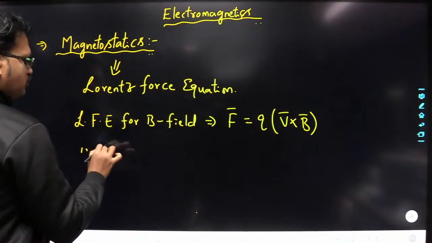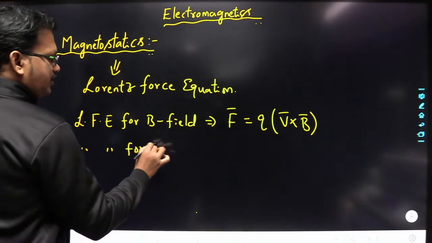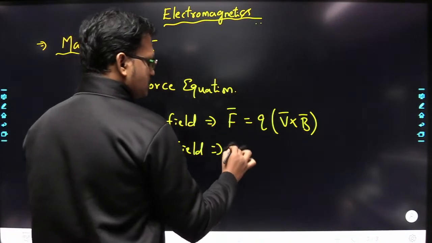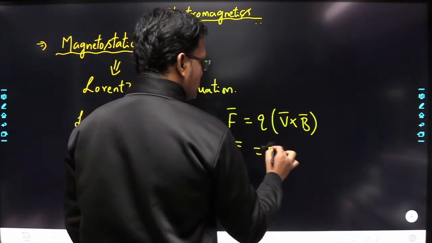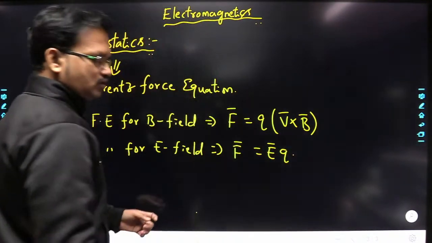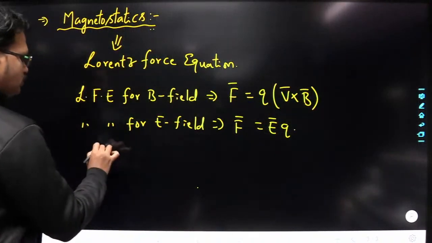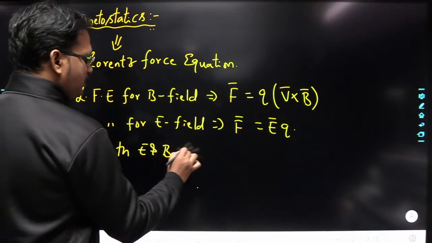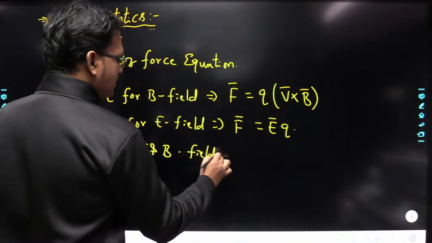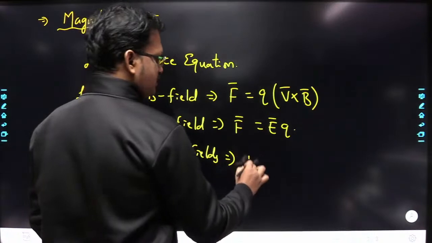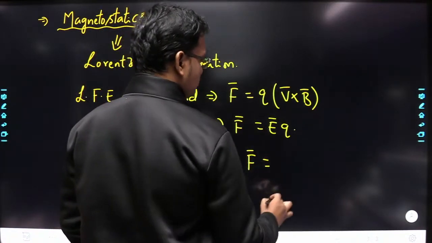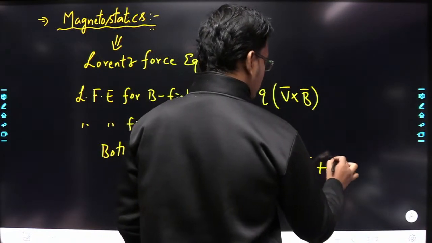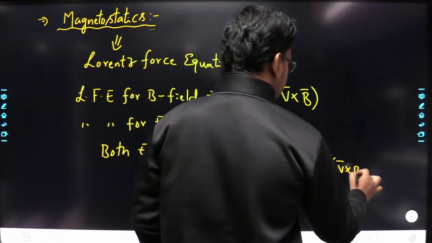Next, the Lorentz force equation for the electric field is F bar is equal to E bar into Q. If you have both E and B fields, then F bar is equal to Q into E bar plus V bar cross B bar.